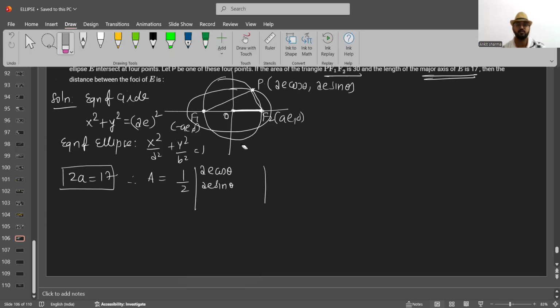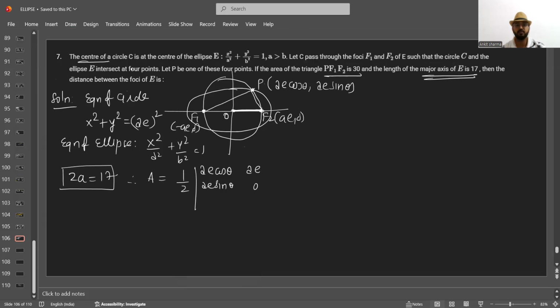Then the next points are AE comma 0 and minus AE comma 0, with 1, 1, 1. This is going to be 30. So from here, we can take AE common from this and AE common from this. So I get half A square E square into the determinant cos theta 1 minus 1, sine theta 0 0, and 1 1 1.